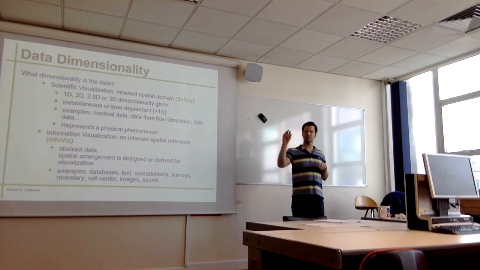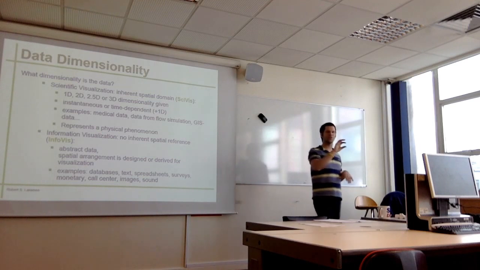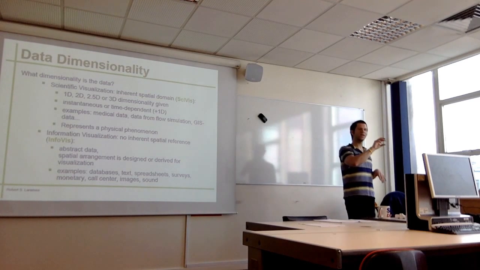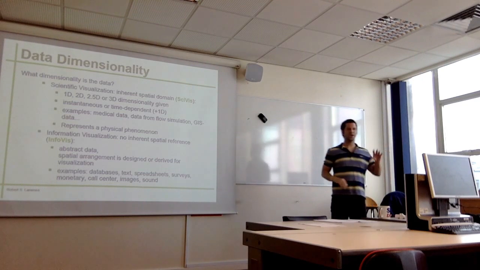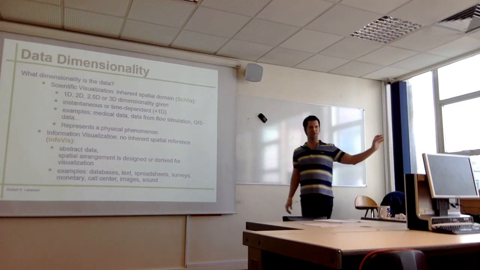Maybe you have in the first column the name of the car, the manufacturer in the second column, the year the car was manufactured in the third column, the color of the car in the fourth column, how much the car weighs in the fifth column, how much it costs the dealer in the 6th column, how much it costs you in the 7th column, and the engine size in the 8th column.